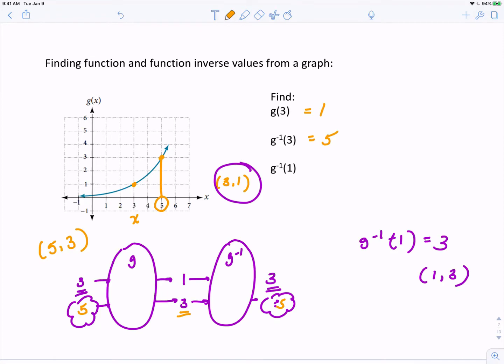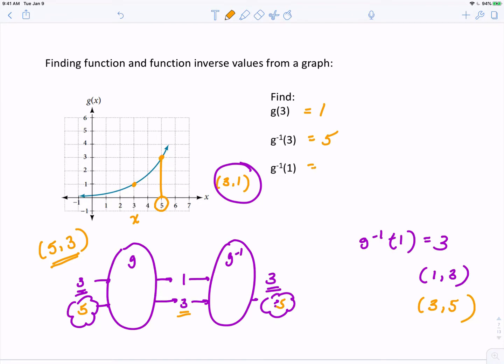And so g inverse of 3 is 5. Notice that if (5, 3) is on the graph of g of x, then (3, 5) is on the graph of its inverse. So basically, when you're looking at the inverse's graph, the x and the y coordinates have simply changed places.